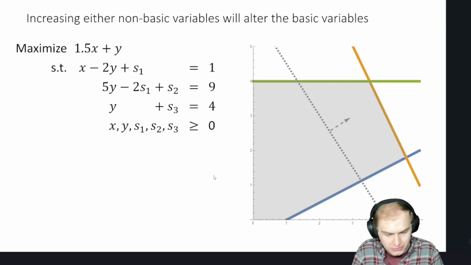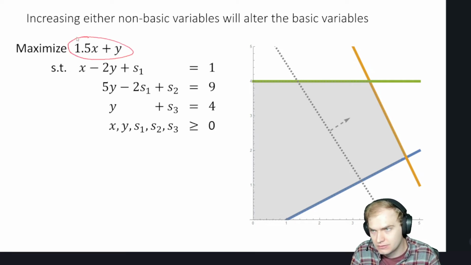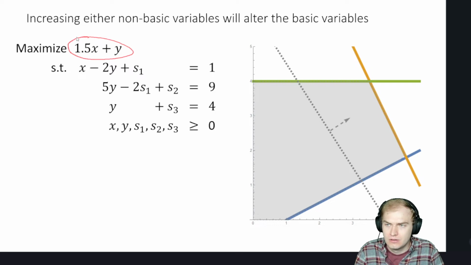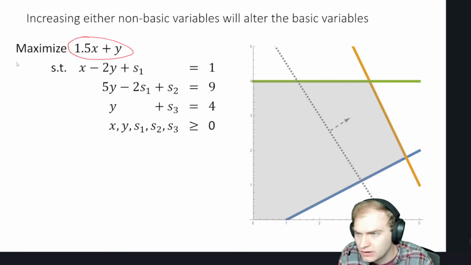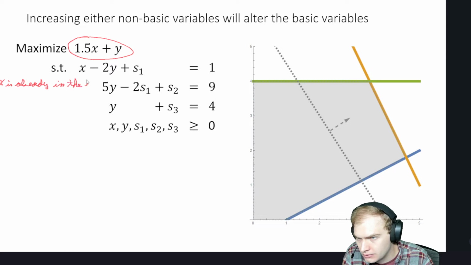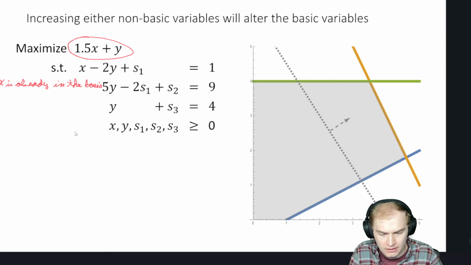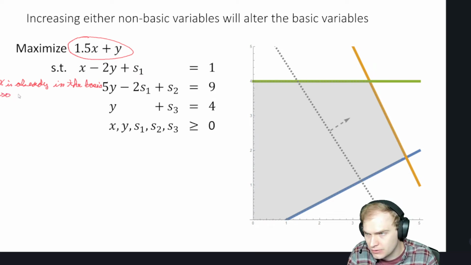So the only thing we haven't fixed yet is the objective function. And the problem is that x is already in the basis. So we can't increase it directly.